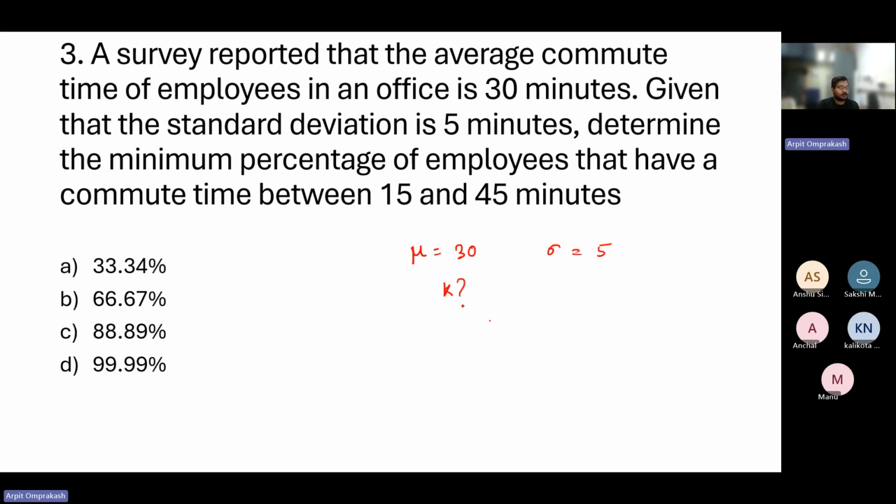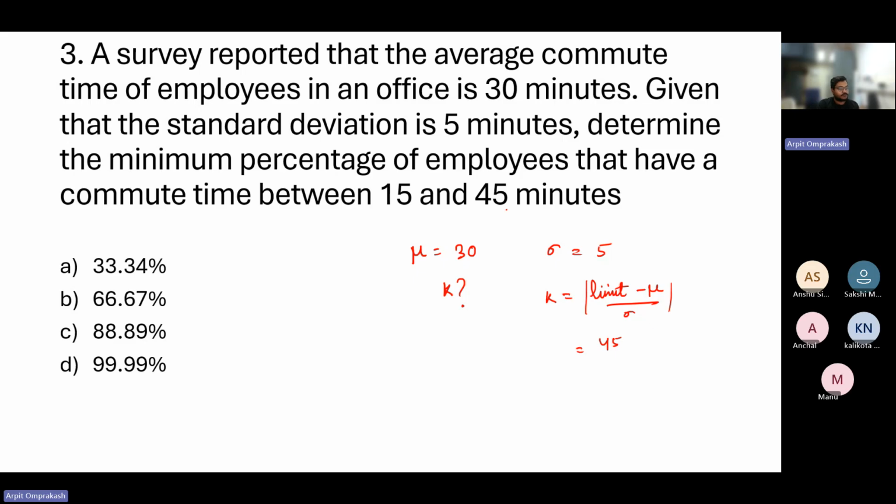The easiest way to do that is to use this formula, k is equal to limit minus mu by sigma. Limit is the upper or the lower limit, we can take either one. So in this case, we'll take the upper limit, so we have a positive value. It doesn't matter. k will actually be the mod of this, any limit you take.